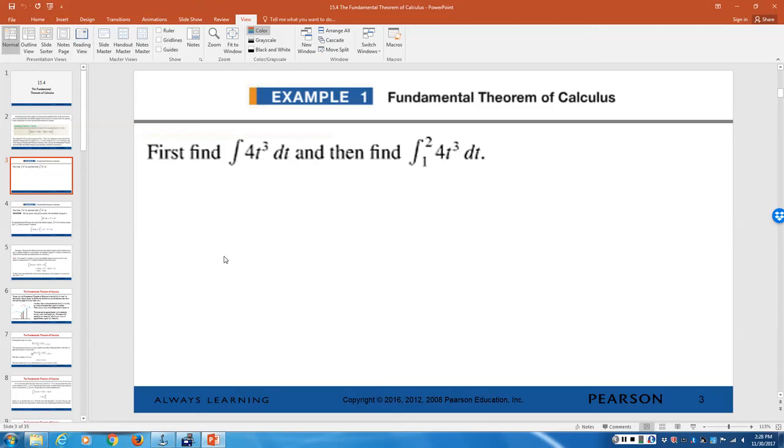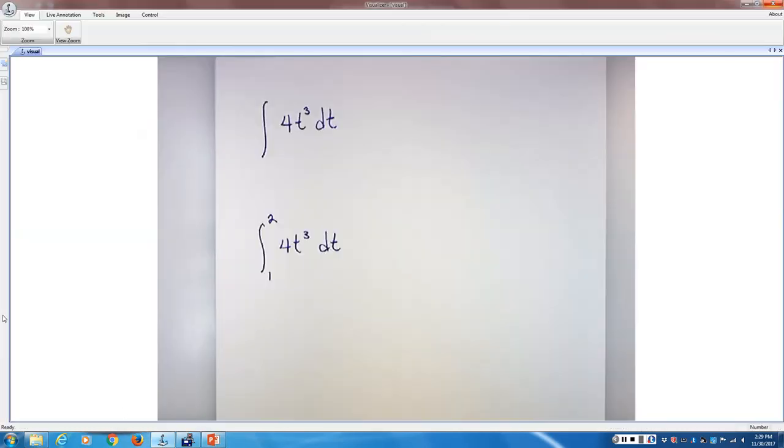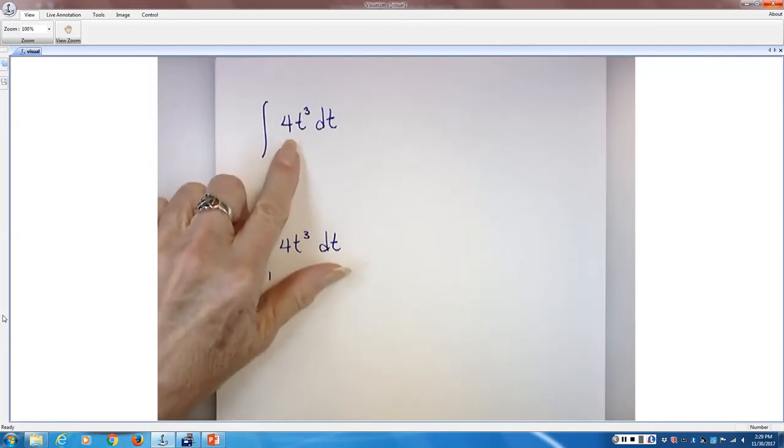And then we're going to use what we get to find the integral from 1 to 2 of that same integral. Okay? Here we've got 4t to the third. How would you take the antiderivative of 4t to the third?